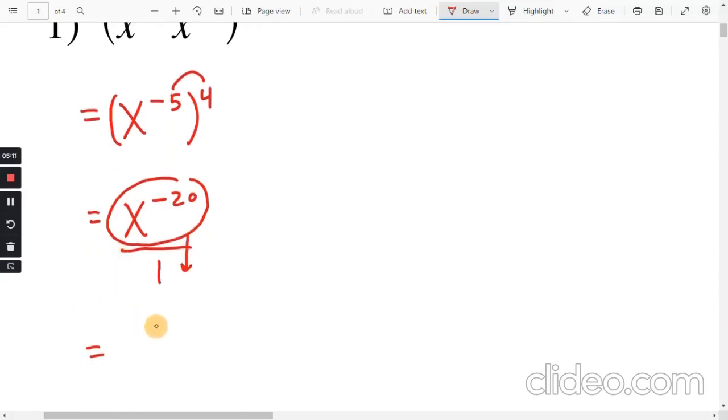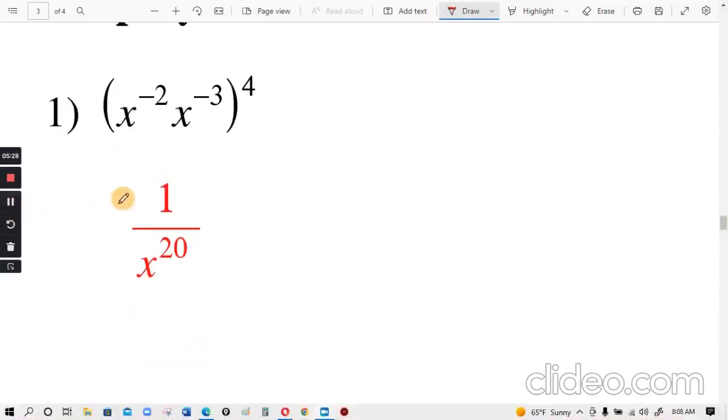So we have 1 in the numerator, and x to the negative 20 becomes x to the positive 20. And that is the most simplified answer. You can check your answers on pages 3 and 4.